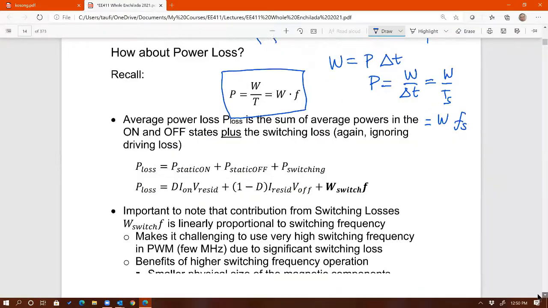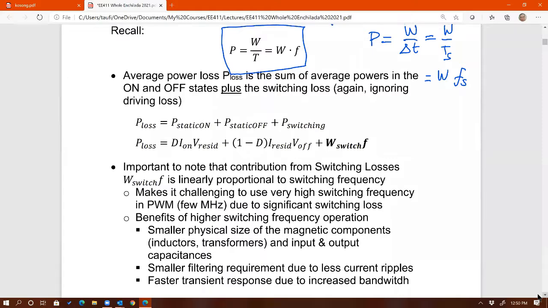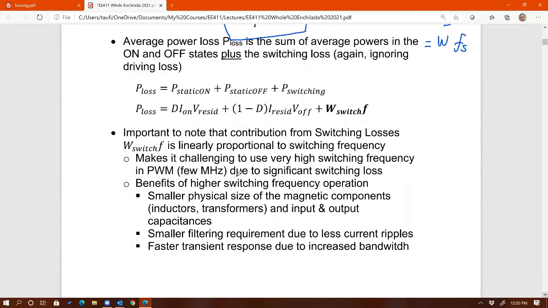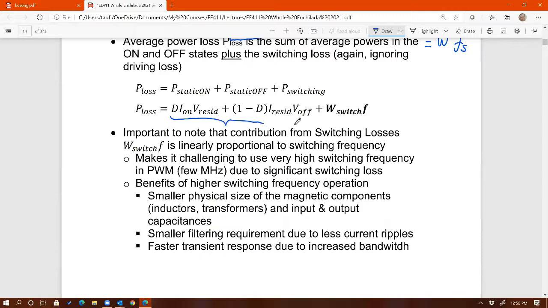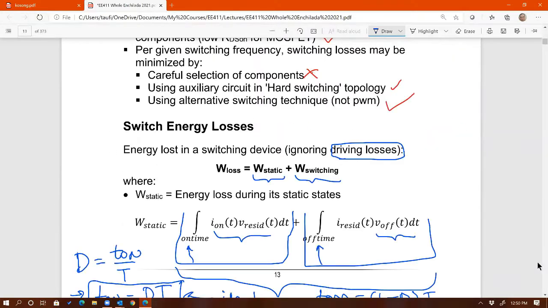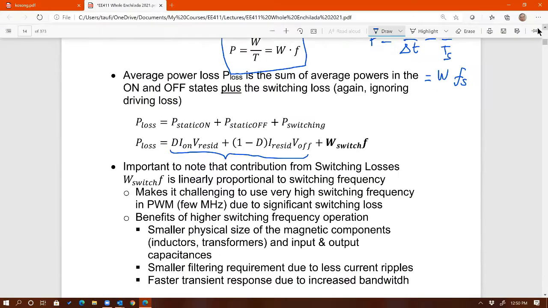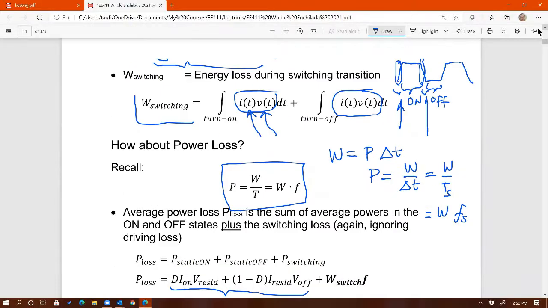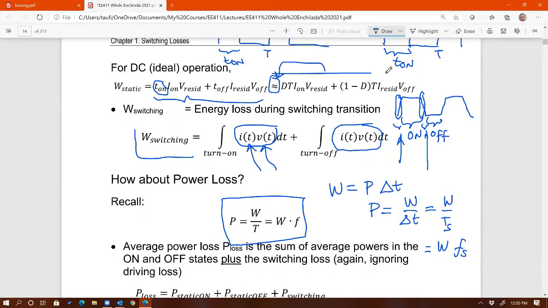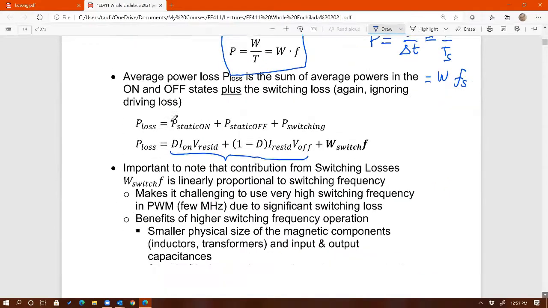All right, let's see what happens with our previous equations for static and for switching. For static, remember I simplified the static equation to this equation, right? So I simplified the static losses to be this one right here. So I'm going to rewrite that equation here.